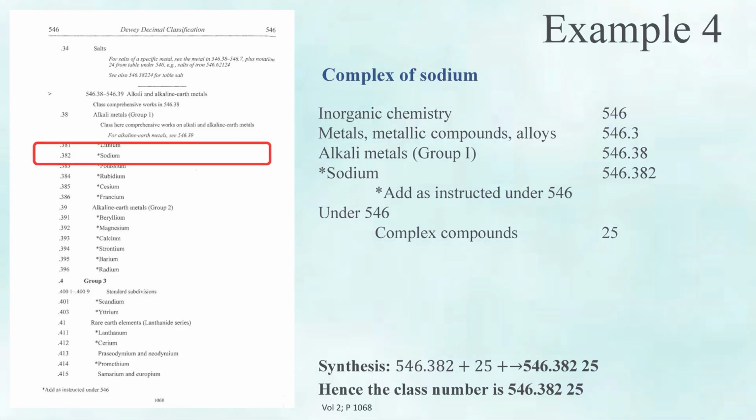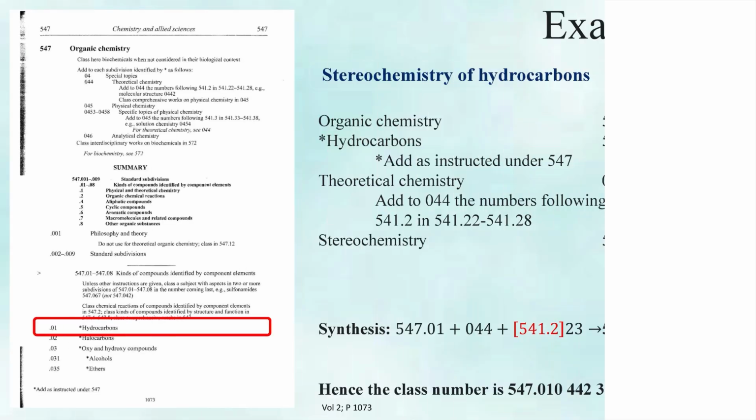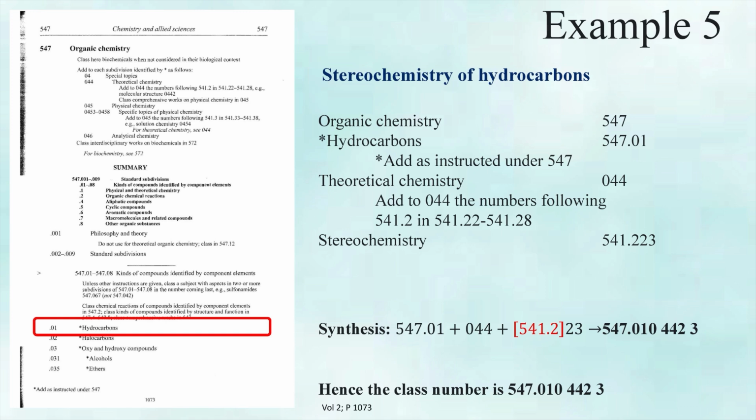Now, another example is from organic chemistry. Side by side we will discuss it. We have already discussed a problem from inorganic chemistry, now it is from organic chemistry. Now, the title tells us that it is the stereochemistry of hydrocarbons. You probably know that hydrocarbon comes under organic chemistry.